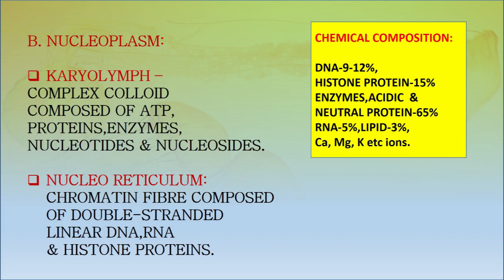Surrounded by the inner nuclear membrane, the colloidal fluid that harbors all the major nuclear components is called nucleoplasm. It is rich in nucleotides such as ATP, GTP, enzymes, and proteins involved with replication, transcription, and other processes involved with gene expression.